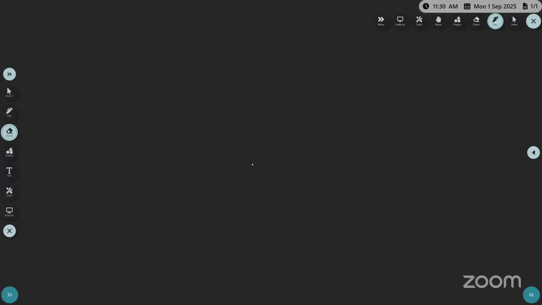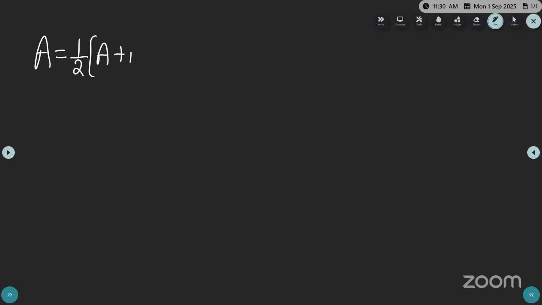Here, every square matrix capital A can uniquely, in only one way, be written as half into A plus A transpose, plus half into A minus A transpose.